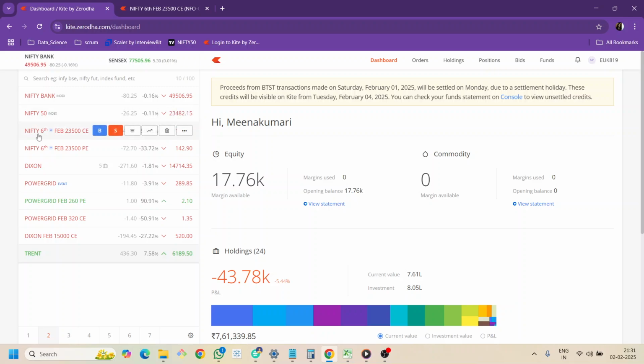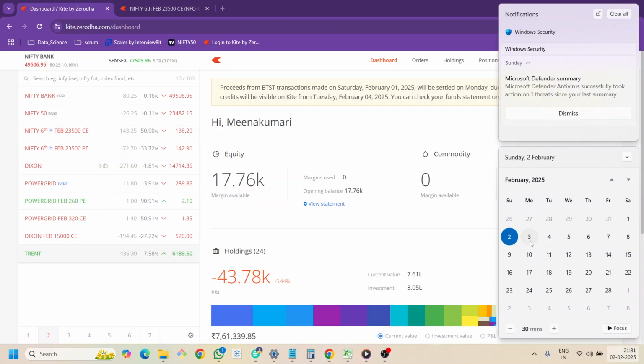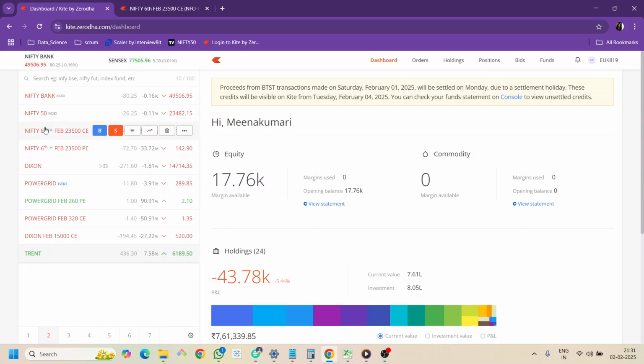For my Monday, that is tomorrow, 3rd February, my observation will be this: CE 23,500 is the option, and 23 for a PE. If the market goes down, I'll take PE. If the market goes up, I'll take CE. Depending on the market, you can call out which one you want to take. That is completely with us.